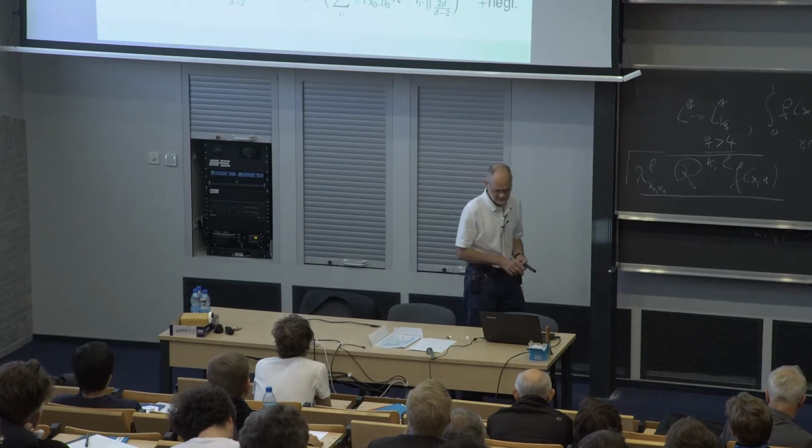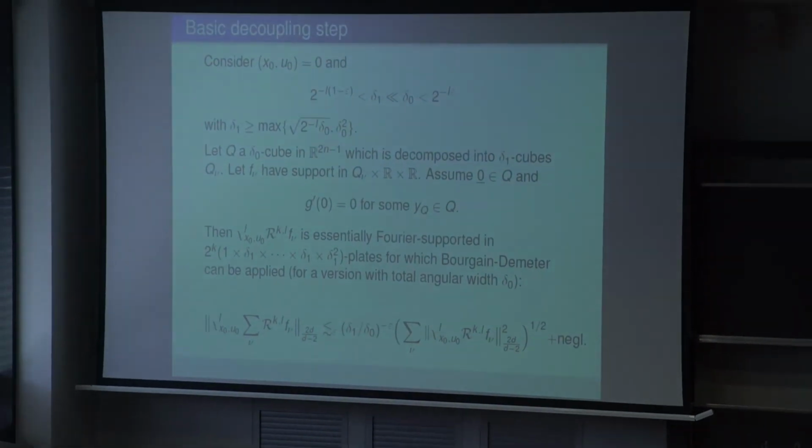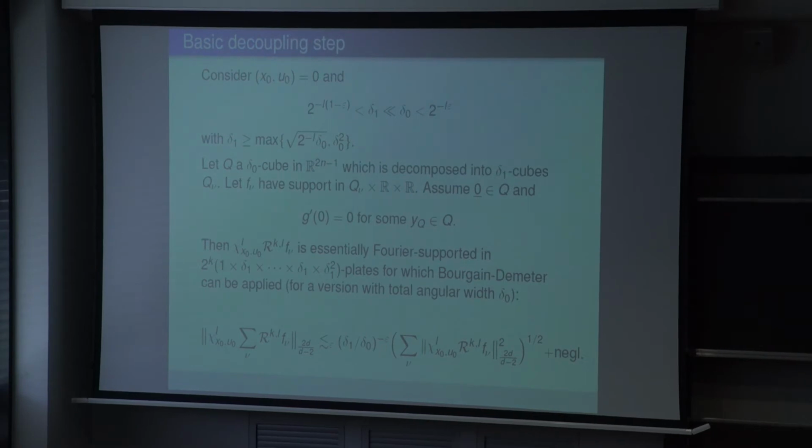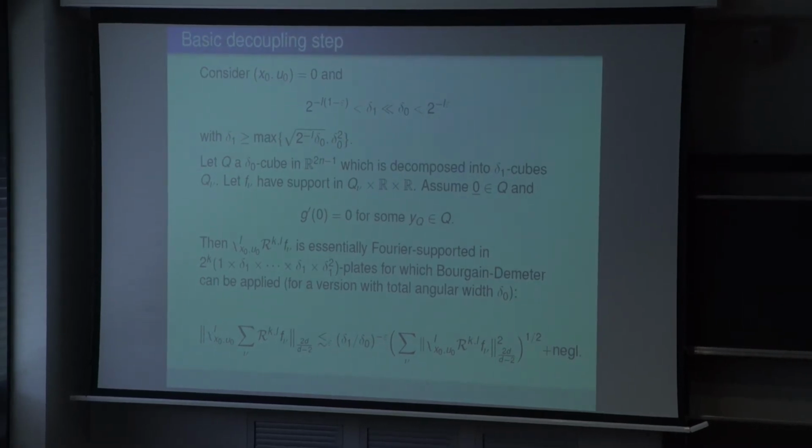Okay, so then I'll describe to you the basic decoupling step. In this decoupling step, we have two scales which somehow correspond to the decoupling procedure. There's a big scale, and we think that we have a decoupled situation at scale delta_0, which is less than 1, maybe much less than 1, and we would like to go to a smaller scale.